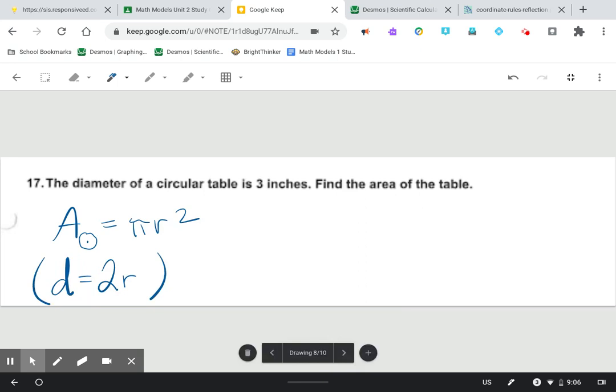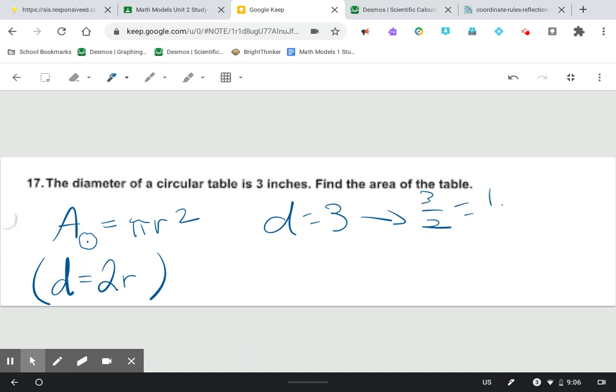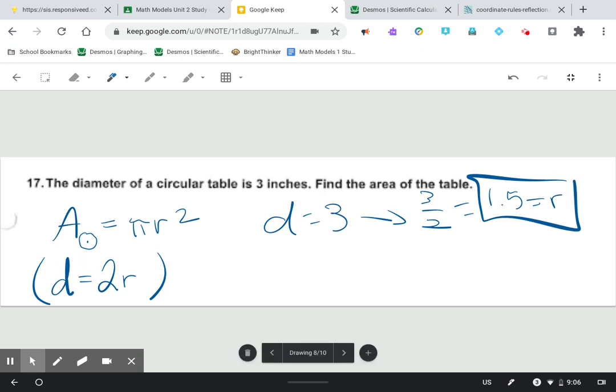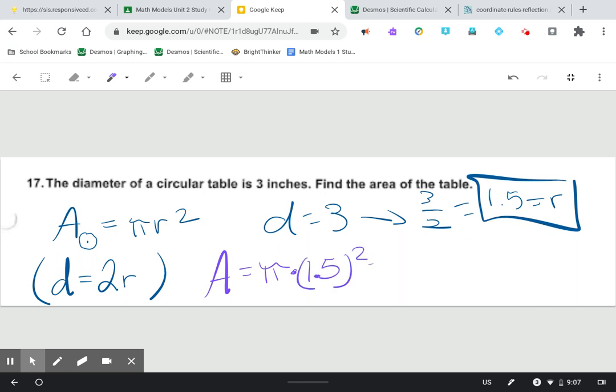So then you need to first take the diameter, which is 3. So our diameter is 3, and you need to find half of it. 1.5 is the radius. And so that's the number I'm going to plug into my formula. So the area equals pi times 1.5 squared.